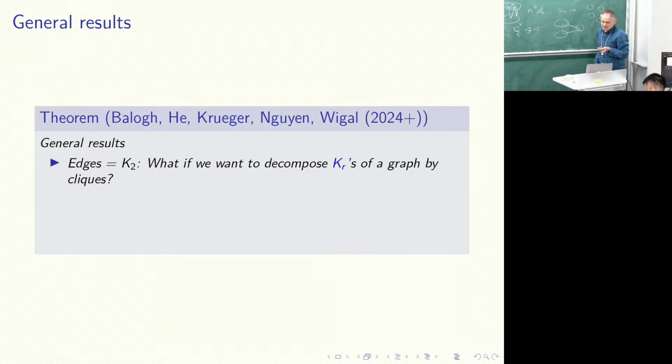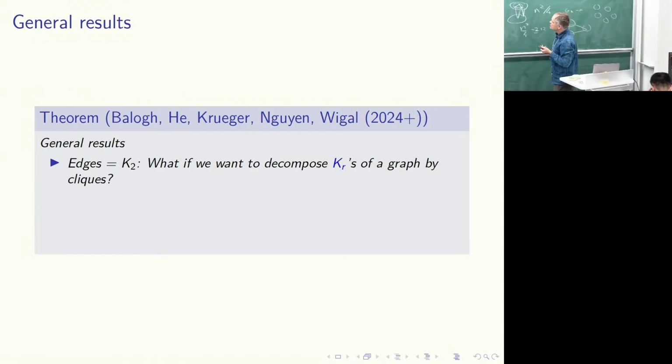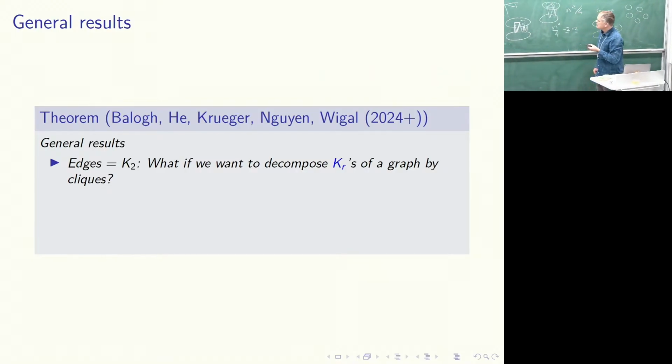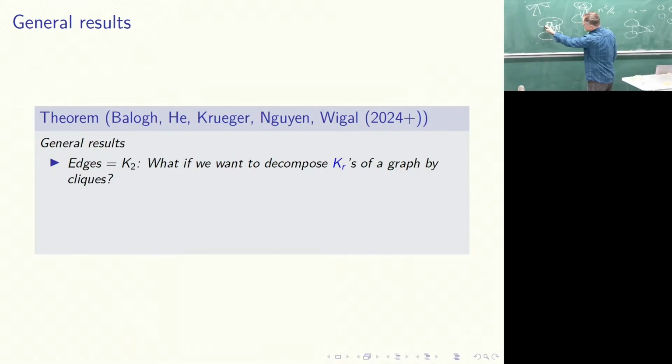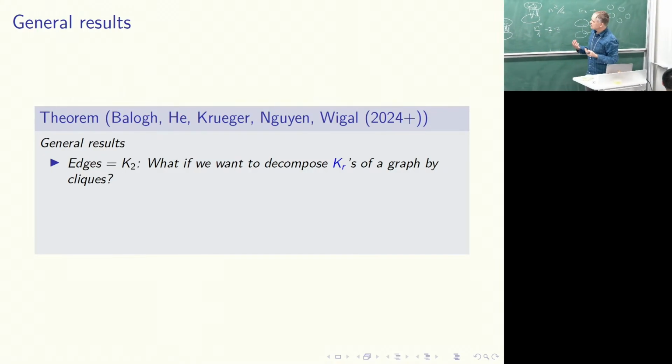So some extensions of the results come from a more general problem. Given a graph, we can consider not only the edges, but also an extension of an edge, which is a clique.